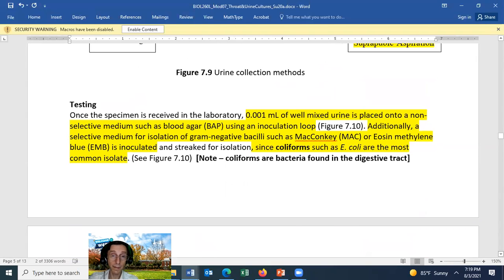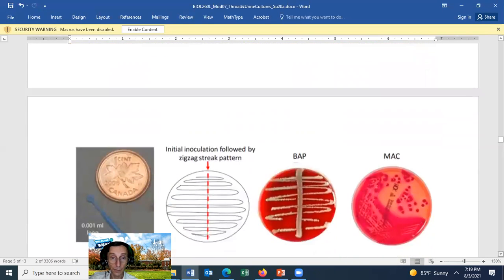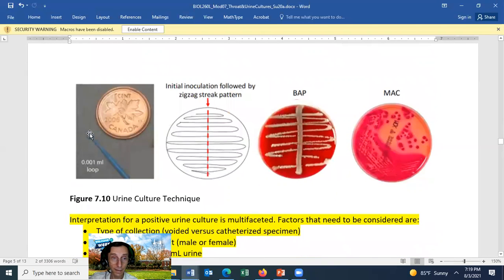So once the specimen is received in the lab, you only plate 1/1000th of a milliliter of the urine onto a non-selective media, such as blood agar plate. And I actually have a specific tool for doing that. This tool here is for putting urine, streaking it on the plate, showing you how you streak it on the plate using this swab.